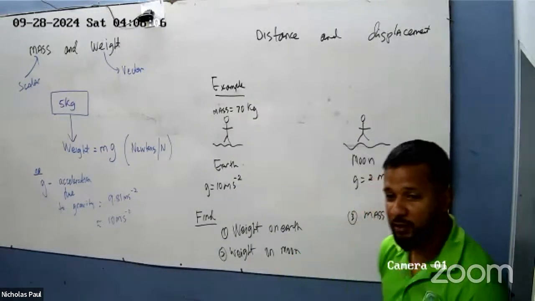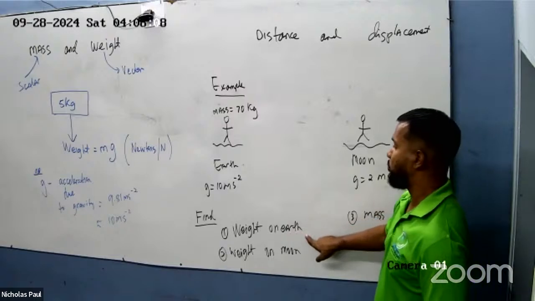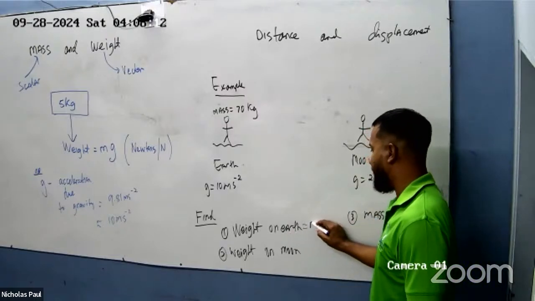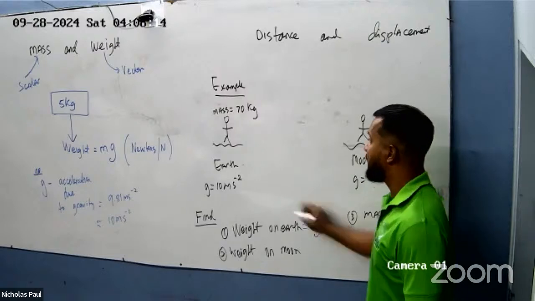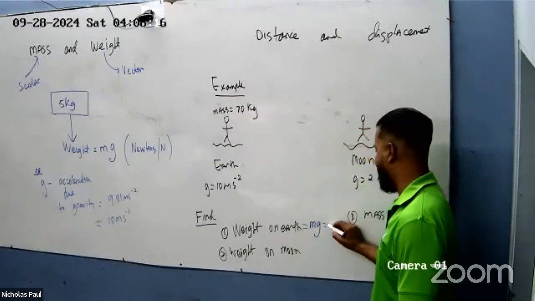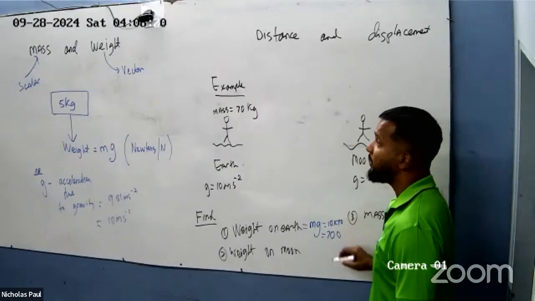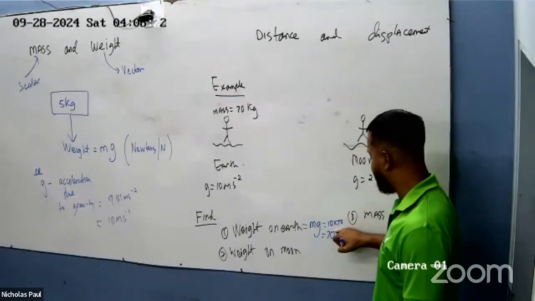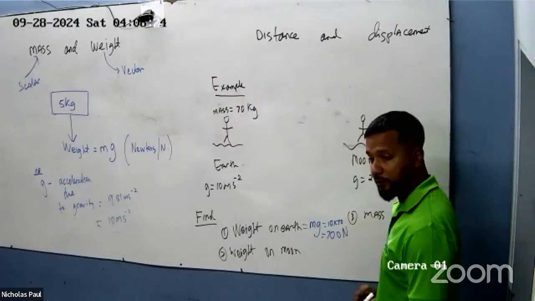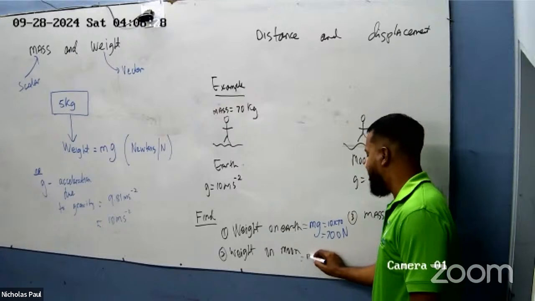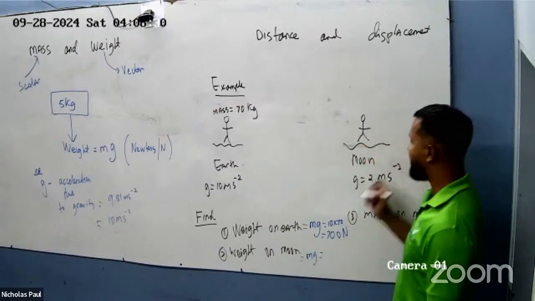So what would happen to the weight on Earth? We know how to find weight: weight is mass times gravity. The mass is 70, gravity 10, so that's 700. What's the unit? Newtons. Weight on the moon is the same thing, mass times gravity.